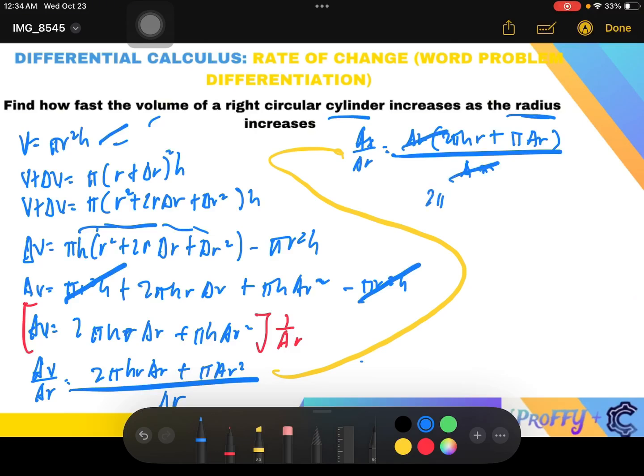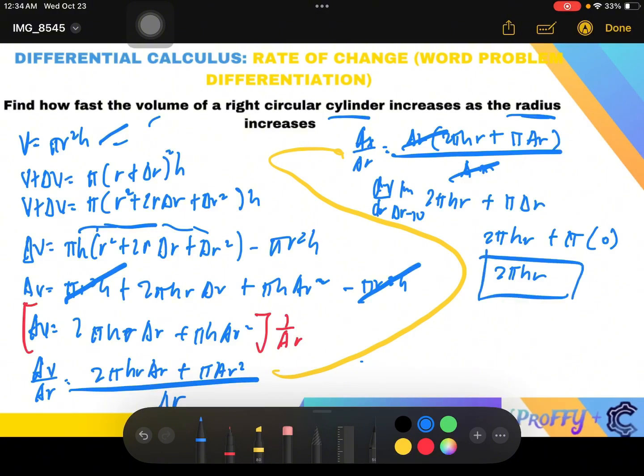So cancel, ang matitira is 2 pi h r plus pi h delta r. Then the derivative of V with respect to r is the limit as delta r approaches 0. Lahat ng delta r pa-zero, so natira is 2 pi h r. So this will be our answer.